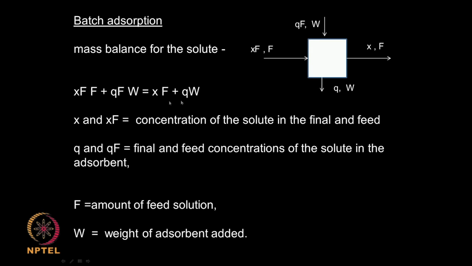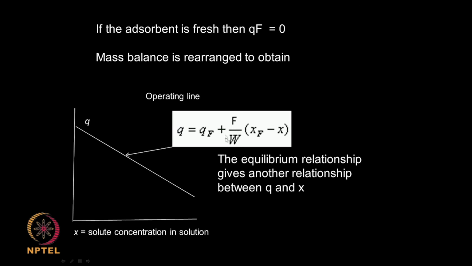No, this equation I am just rearranging it to bring Q on the left hand side, remaining things on the right hand side. So, when you plot Q versus X, you will get a straight line going down. Okay, this is called the operating line, and the equilibrium line could be the relationship between y and x. It could be y equal to kx if it is a linear adsorption, and so on actually. Okay. So, this is called the operating line, and the other one will be the equilibrium relationship.